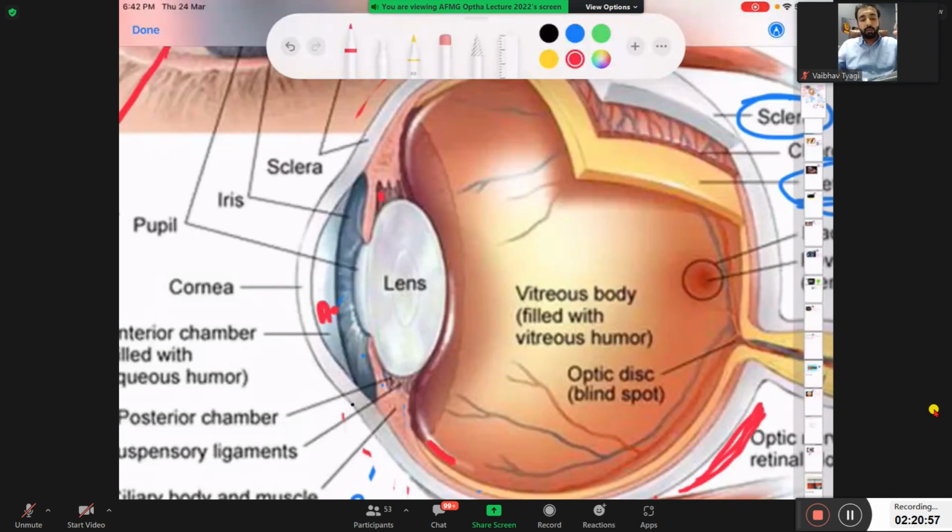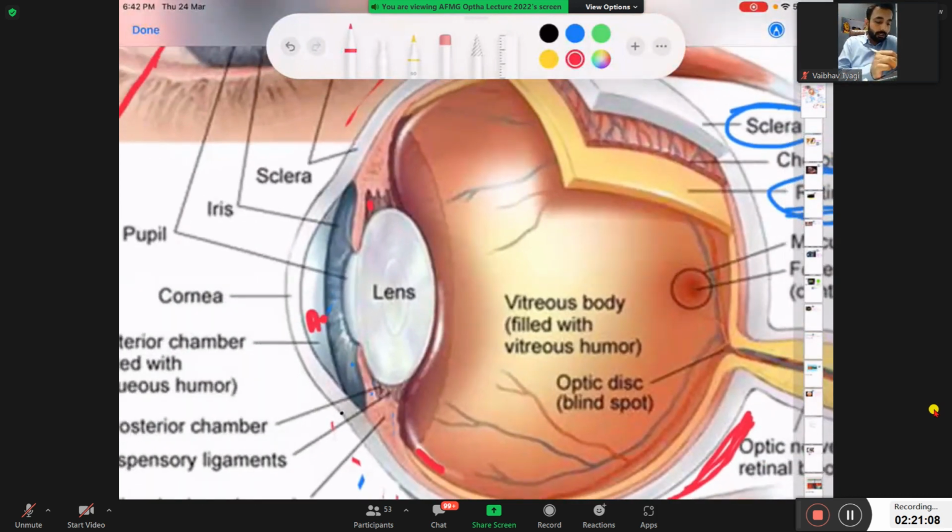Now they will ask you what is the location and what are the structures present in the anterior segment of the eyeball. Listen carefully and see in the picture. All structures present in front of the posterior capsule of the lens comprise the anterior segment. This is the anterior capsule, this is the posterior capsule.